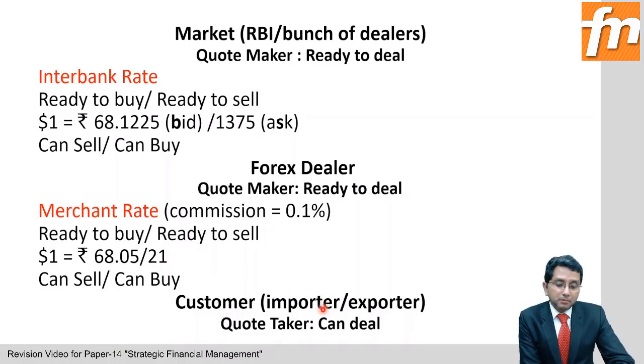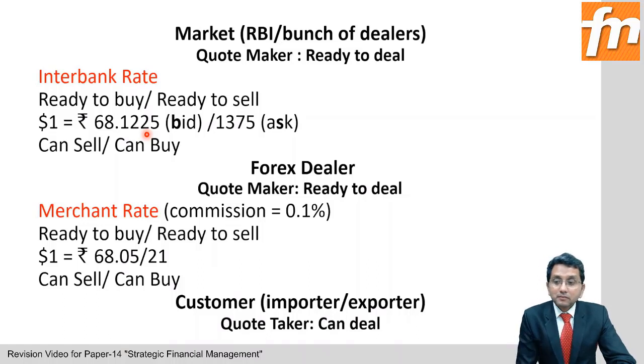Take the reverse example. I am the exporter. I have exported goods. I have got $1 million. I go to the dealer and say, will you buy my $1 million? In turn, dealer will go to the market and ask, will you buy my $1 million? Market says, okay, bring in, we'll buy it at 68.1225, roughly 12 paisa.